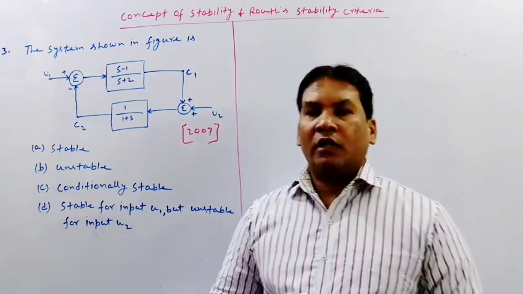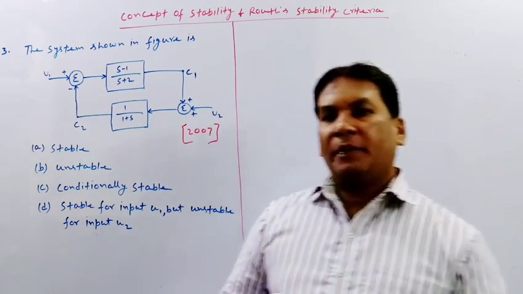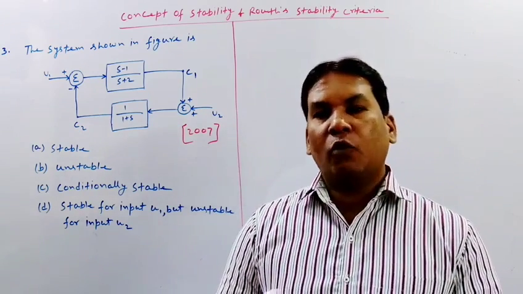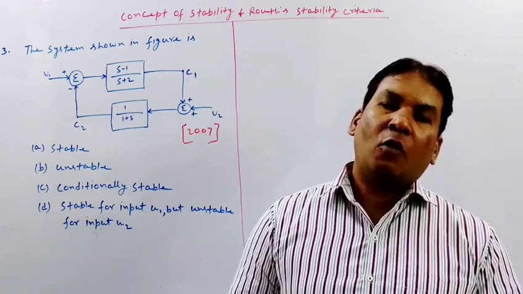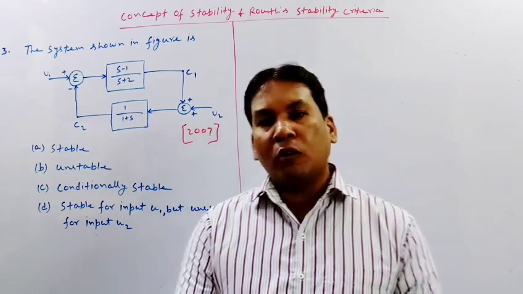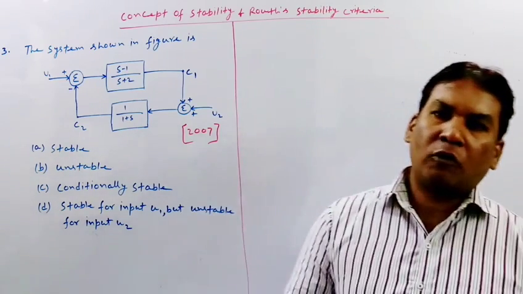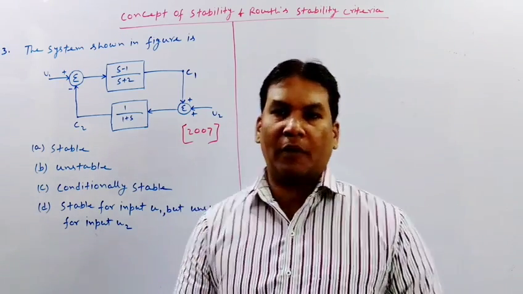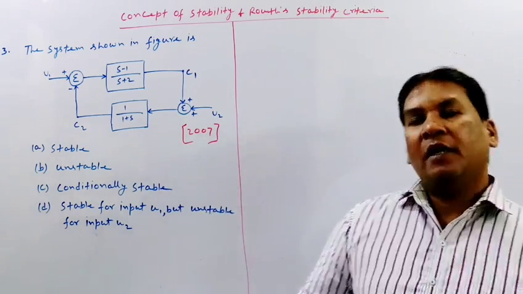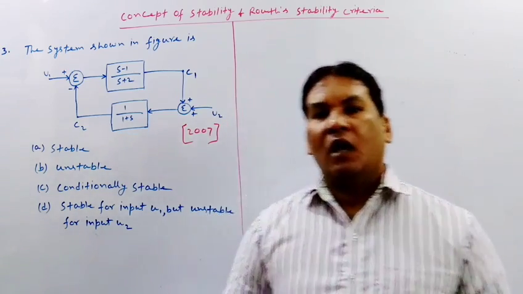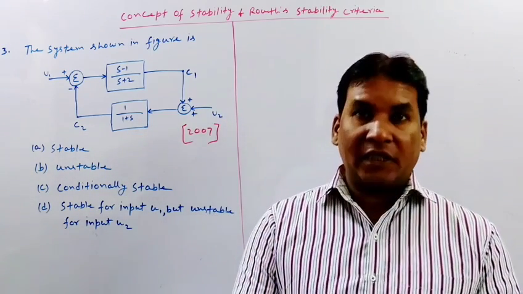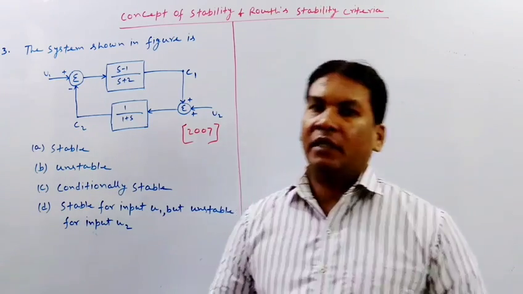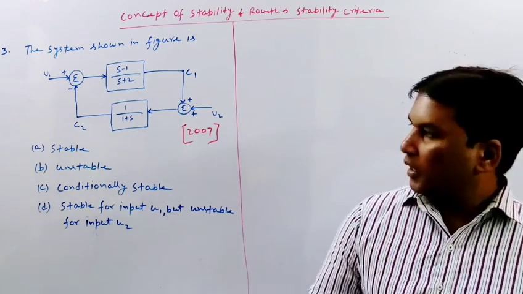All of this depends upon the location of roots, that is, the location of the poles of a transfer function. If all the poles, or all the roots of the characteristic equation, are lying in the left half of the s-plane, then the system will be stable.